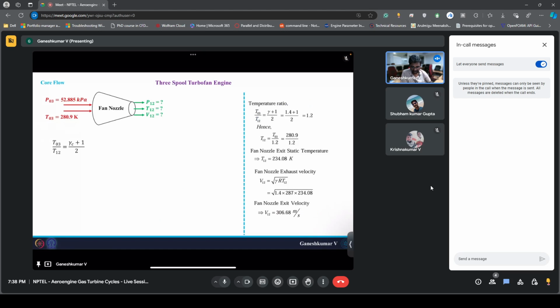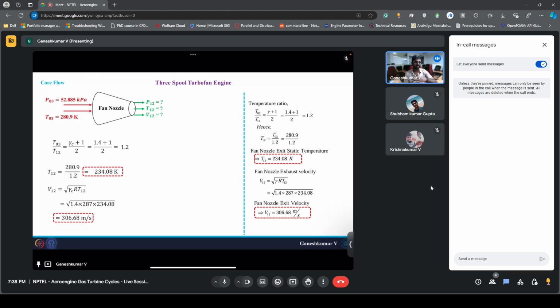Now let's find out the temperature ratio. Again, it's not going to be different, so you can substitute these numbers and check for yourself. The nozzle exit temperature is going to be the same, 234.08 Kelvin. Similarly, you can find the fan nozzle exhaust velocity, which is also going to be the same, because there's no change in the bypass stream. Only the core stream we are taking some amount of mass flow rate from.